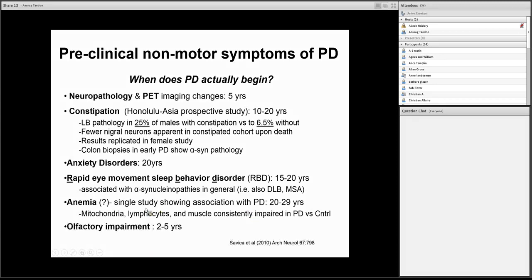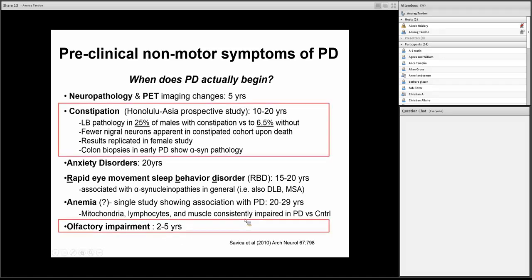And lastly, I just want to highlight this particular one, which is olfactory impairment that can be seen in individuals 2 to 5 years earlier. And these two aspects, constipation and olfactory impairment, are both really important when we think about the aspects of the Lewy body pathology at the very early stages of the disease.